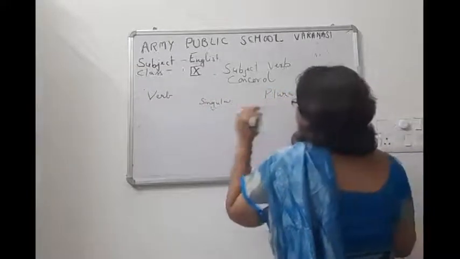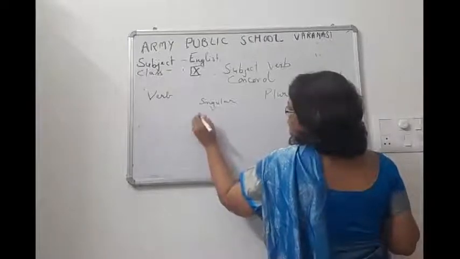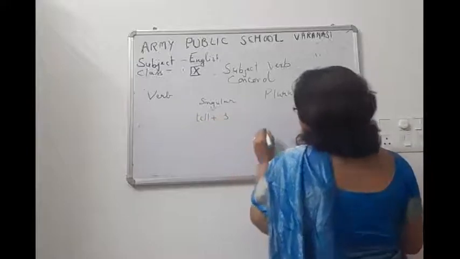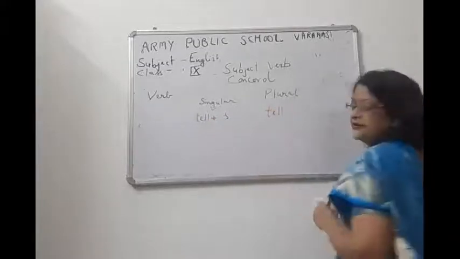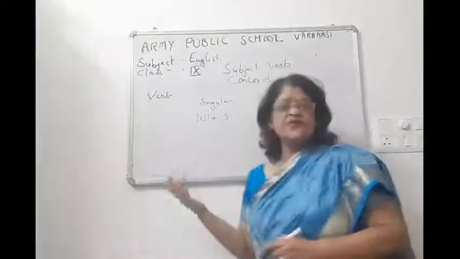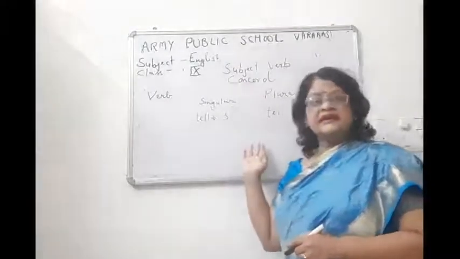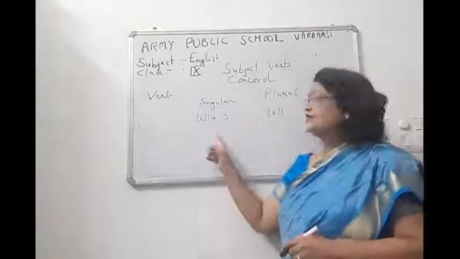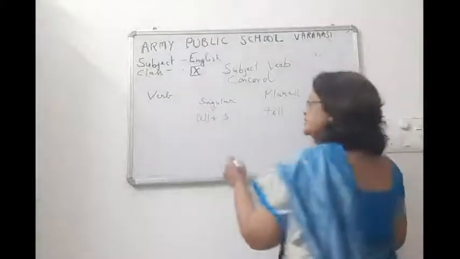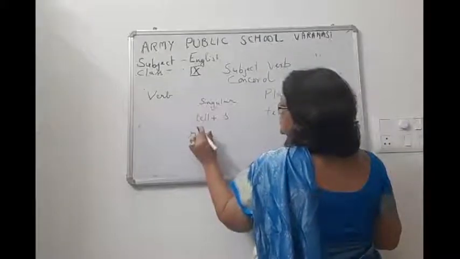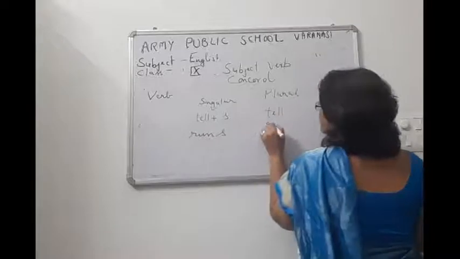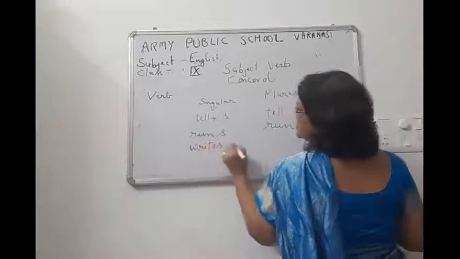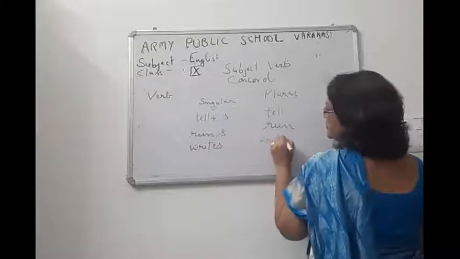If tells is a singular verb, here we add s, and plural verb is tell. It is just opposite from subject. In subject, s is added with plural number, but in verb, s is added with singular number. Like run: singular verb will become runs and plural verb will become run. Similarly, singular verb will become writes and plural verb write.